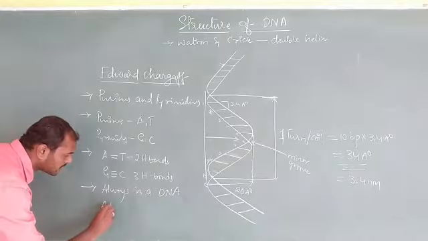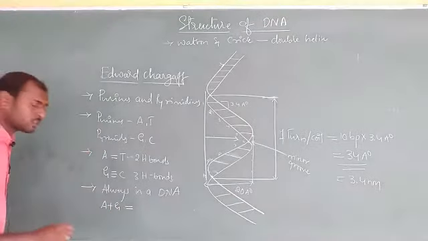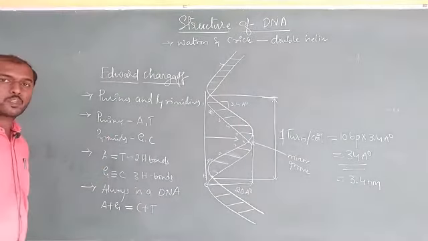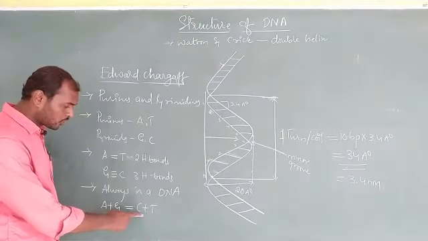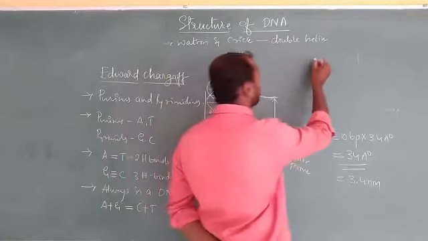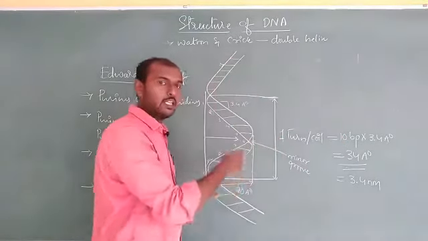the ratio of A plus G is always equal to C plus T, they say. So the number of A plus G is always equal to C plus T. What does that mean?